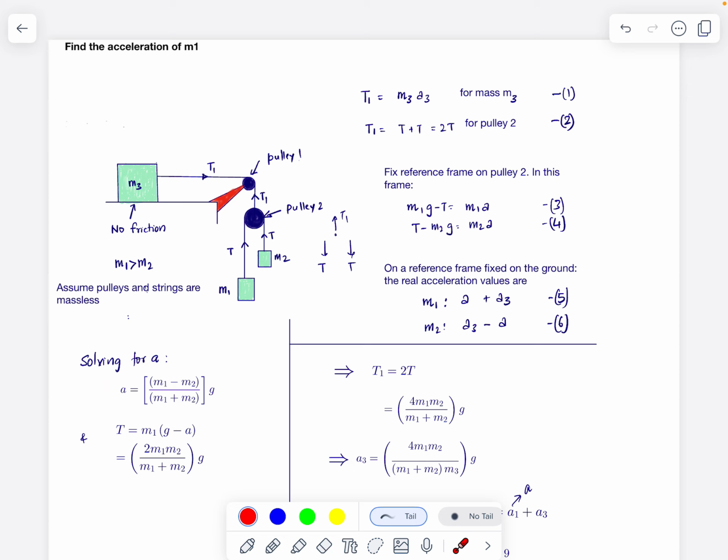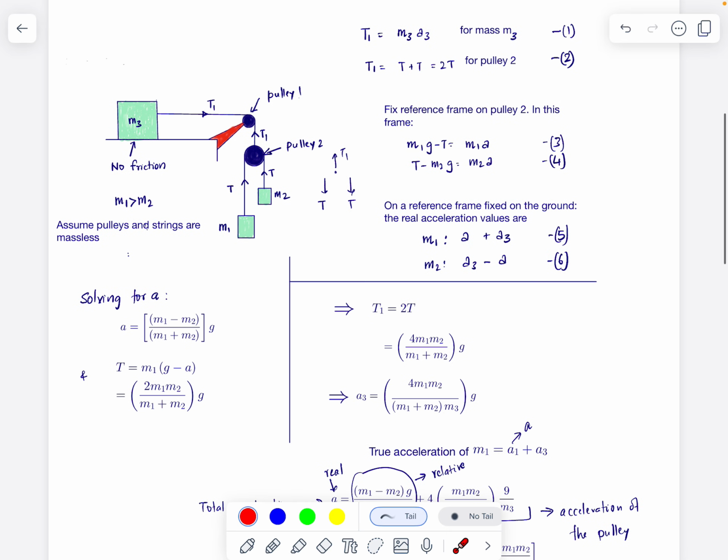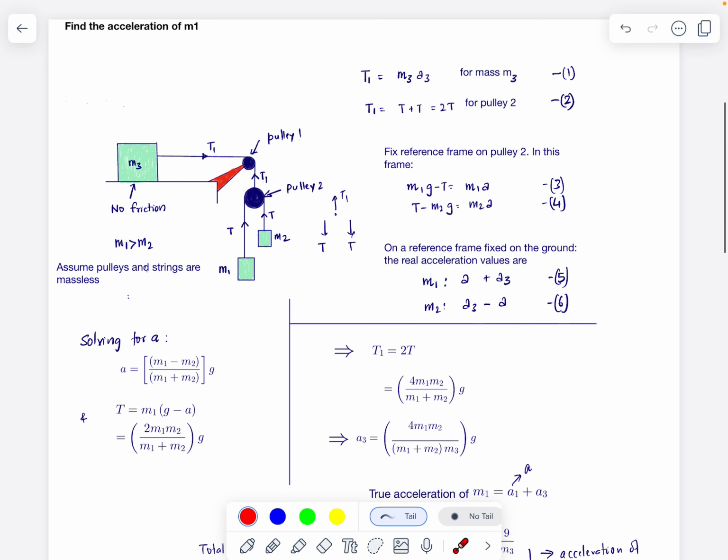Now if you look at the tension, we take this and substitute that into this expression. So tension is nothing but m1g minus m1a, and we plug that in here, and this is what we get for tension. Now the tension T1 equals 2 times T, so we get 4 m1 m2 divided by (m1 plus m2) times g.